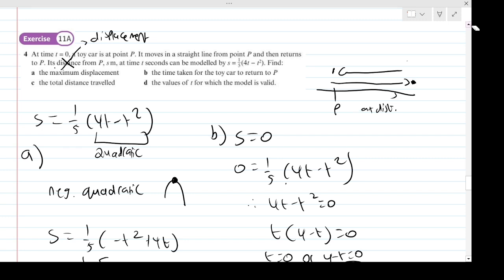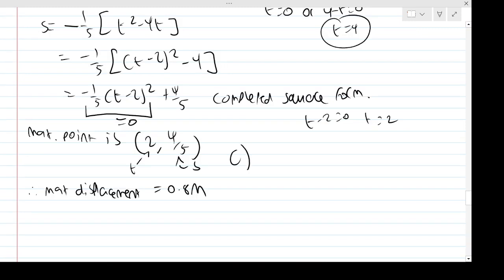Well, actually, it's just going to be the maximum displacement, or the max distance, twice, because it's going to go to the greatest distance ahead, and then it's going to travel that same distance back. So actually, it's just going to double the max displacement in part A. Oh no, sorry, the total distance.